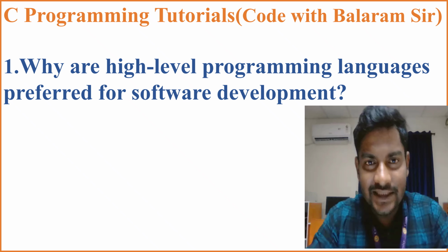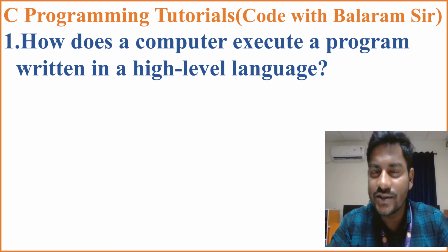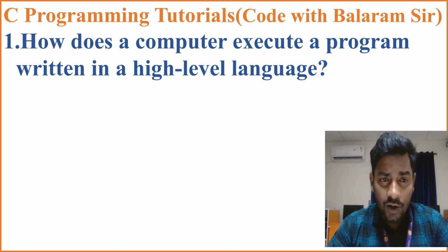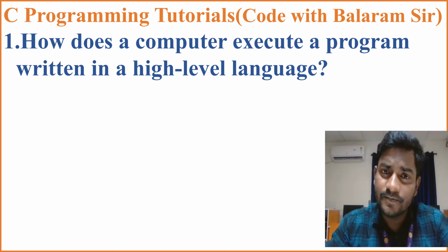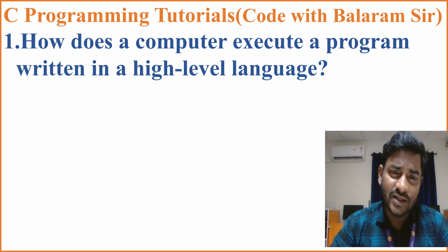So there is another machine which is used to convert our English-like language into machine understandable language, which is called a compiler. So a compiler is used to convert a high level language into machine level language. So the question is, how does a computer execute a program? A computer can execute a program by using a compiler. Okay, so these three questions we have covered in this video.